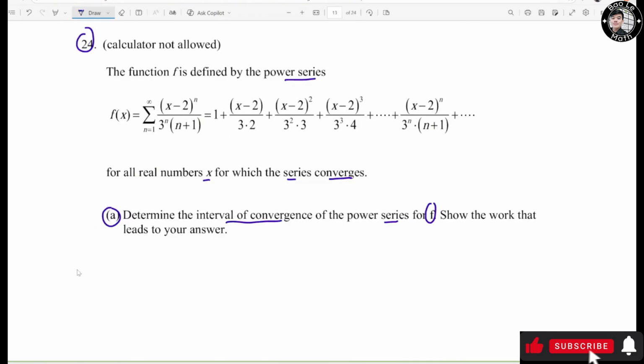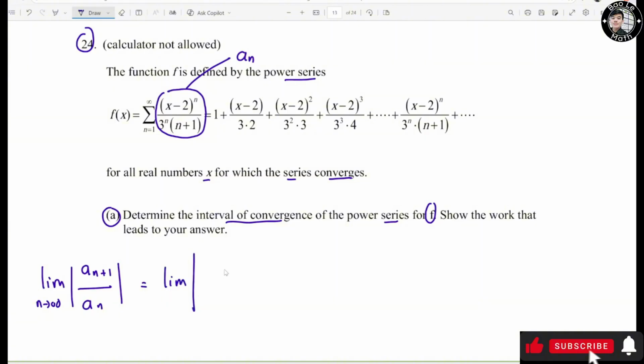Alright, so we have the limit of this expression right here. We're gonna let this term be a sub n, right? So we have the limit of the absolute value of a sub n plus 1 over a sub n when n approaches infinity, which equals the limit of the absolute value of a sub n plus 1, which is s minus 2 raised to the n plus 1 over 3 raised to the n plus 1 times n plus 2, divided by a sub n, which means you multiply by its reciprocal, right?